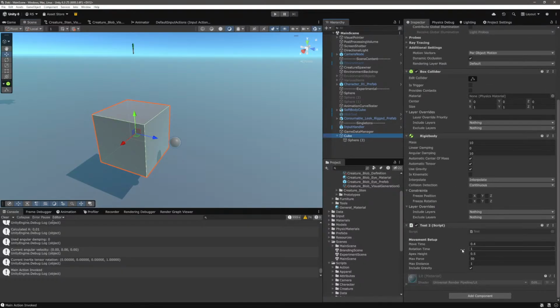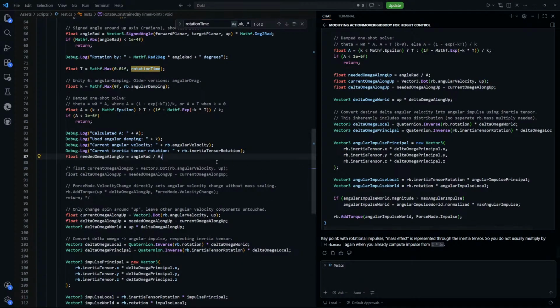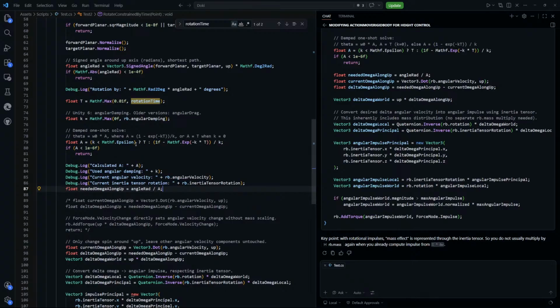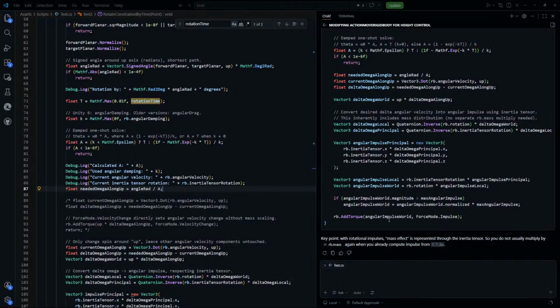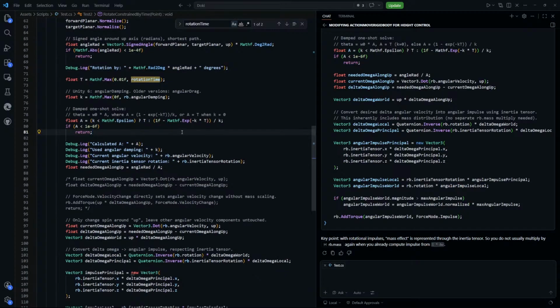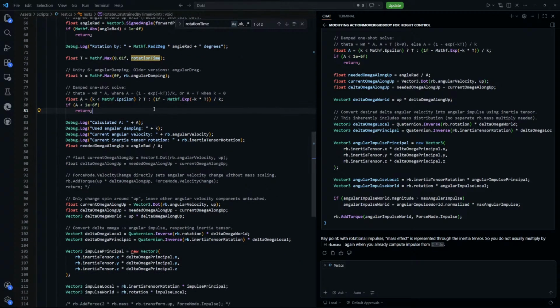Once again, with a rotation time of, what was it, 0. Okay, no. With damping as 0, we're just gonna use rotation time. So we will have an A that is equal to time, which is equal to 1.